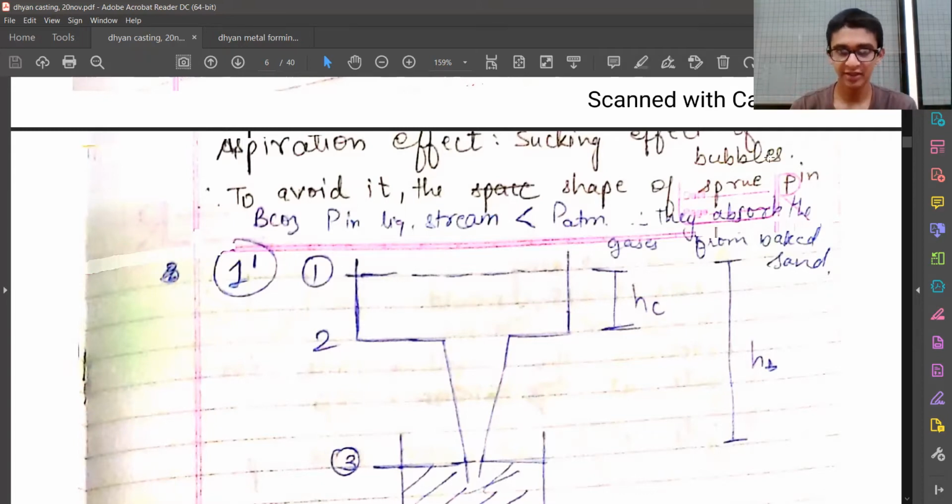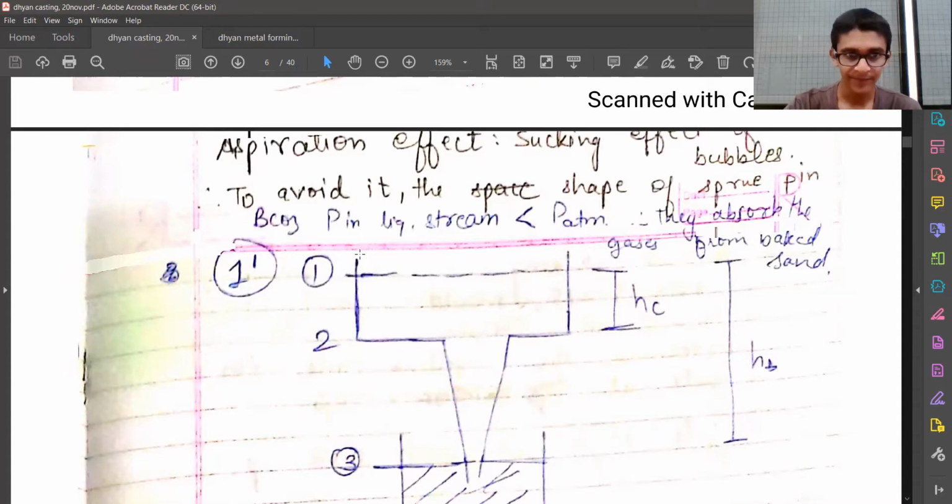Because of the pressure difference, the negative pressure inside the pipe, over here the pressure is negative, and over here it is atmospheric pressure. Because of this pressure difference, the bubbles will be sucked from this location inside the melt which is flowing. And to avoid it, the shape of the sprue, this is the sprue, obviously you know that, which I have explained earlier also.